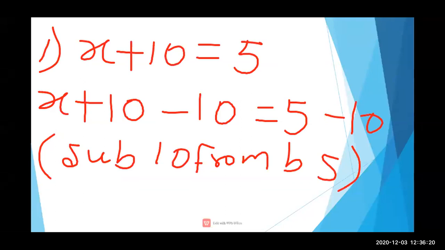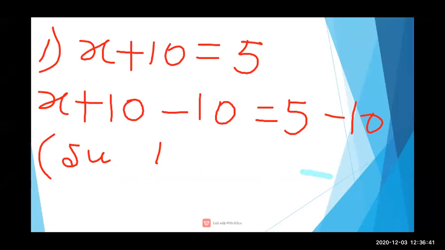So the first step will be x plus 10 minus 10 equal to 5 minus 10, and in the bracket you will write subtracting 10 from both the sides. I hope you have understood the first step. I will rub this statement. This statement also carries marks, so you have to write it beside the number.